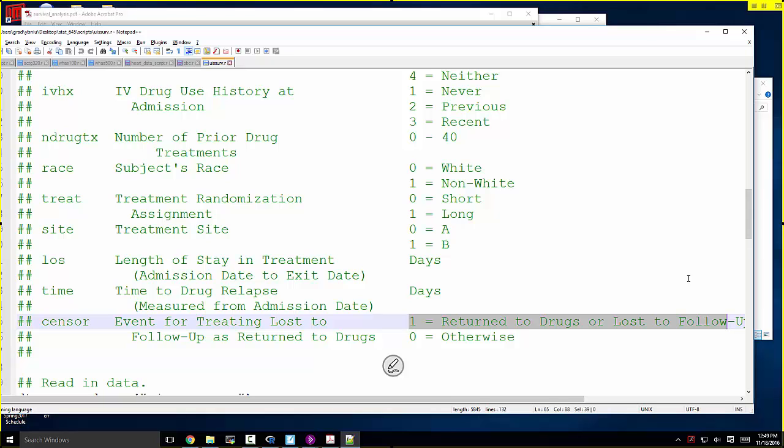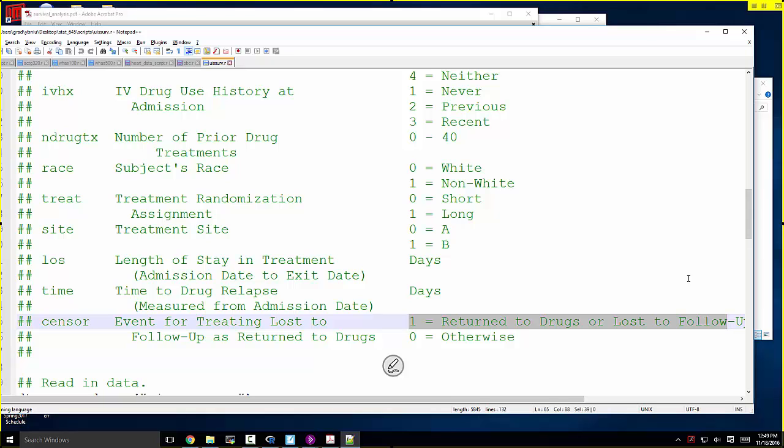But we're defining the censoring indicator as 1 if relapsed or dropped out of the study altogether, and 0 as some other, so 0 would be end of the study. They're still in the study and they have not yet relapsed. We're interested in time to relapse.